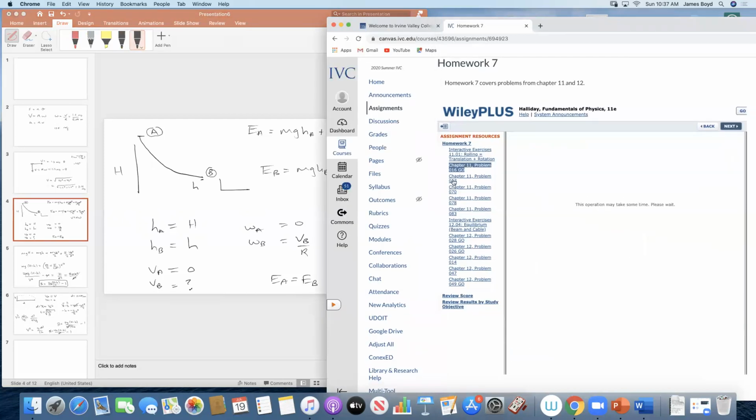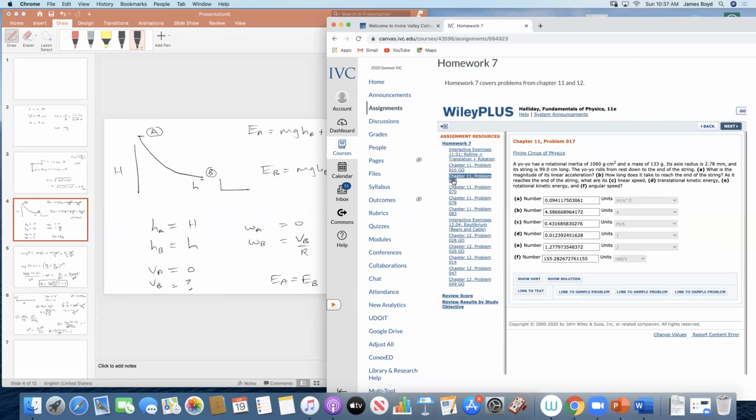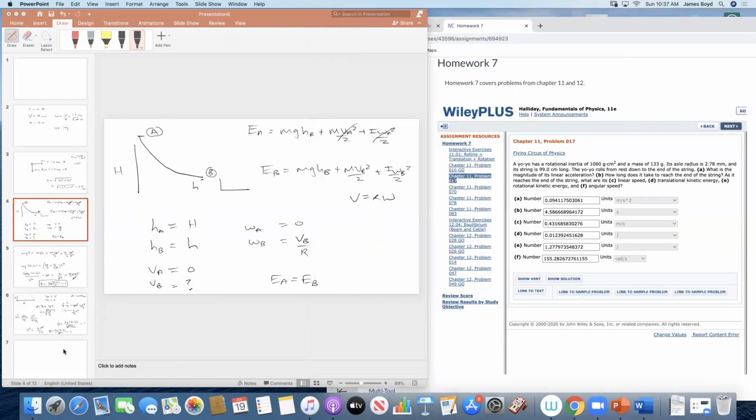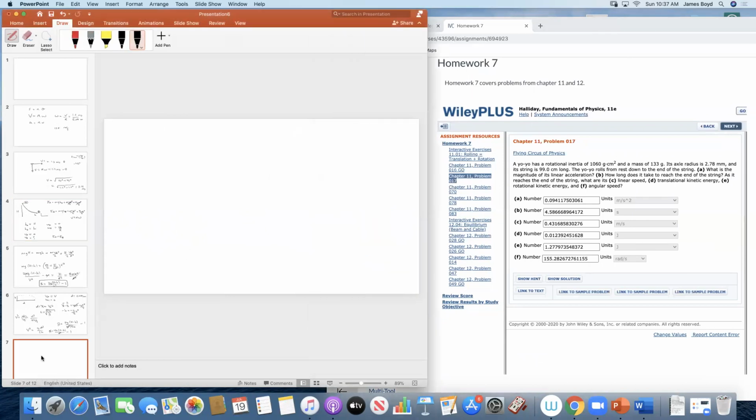Number 17. In this problem, we have the yo-yo. And I gave you this problem because I want to make sure you understand how the yo-yo works. And what's nice about this problem, or not nice about this problem, is really, if they'd given us the units correctly, it would have been super easy and fast.